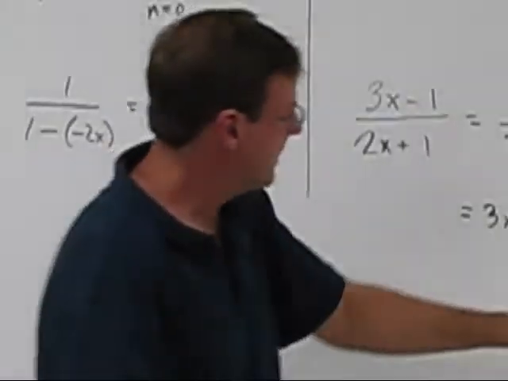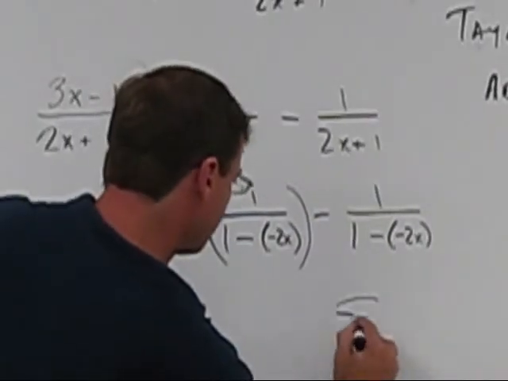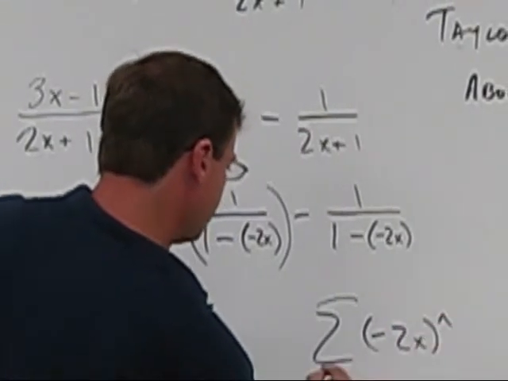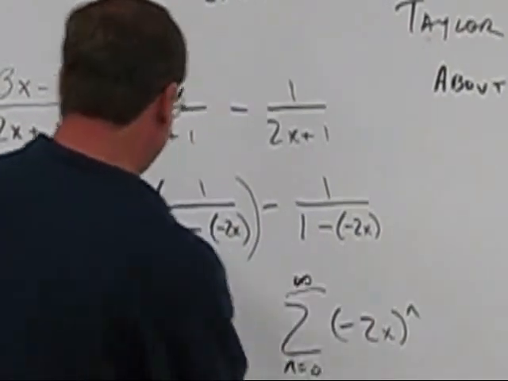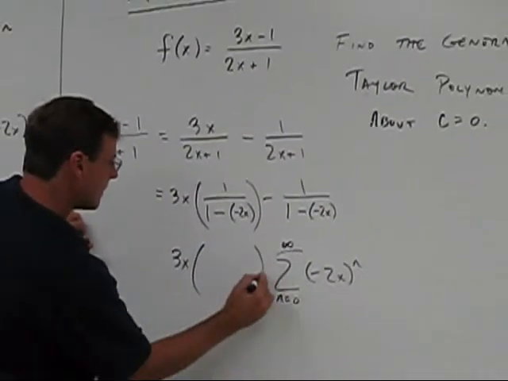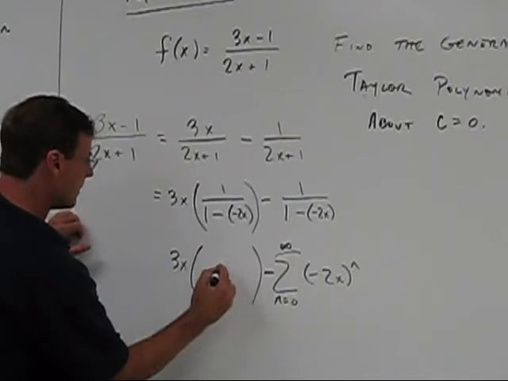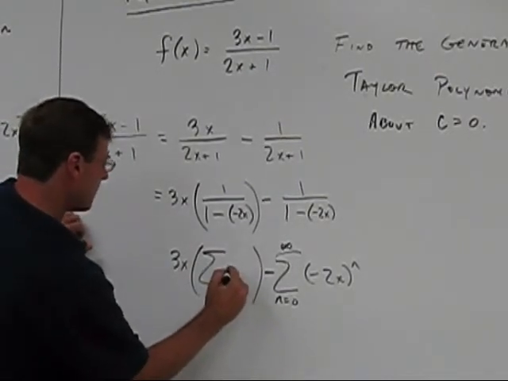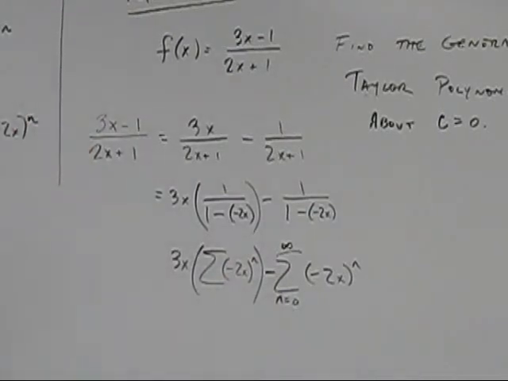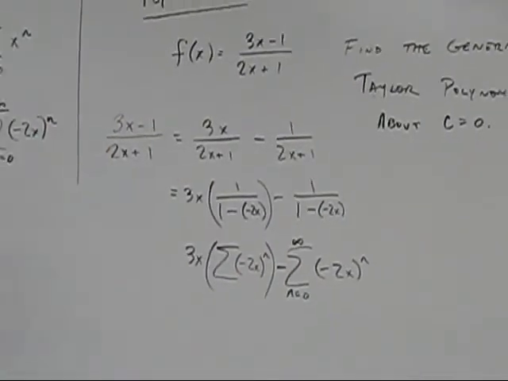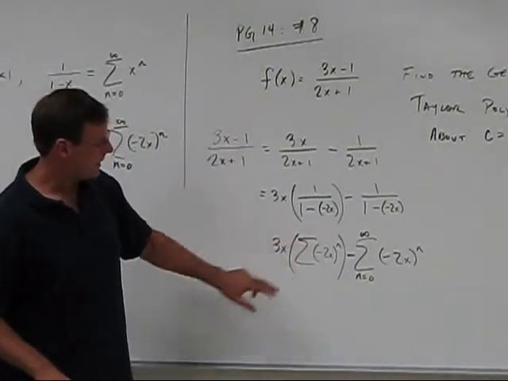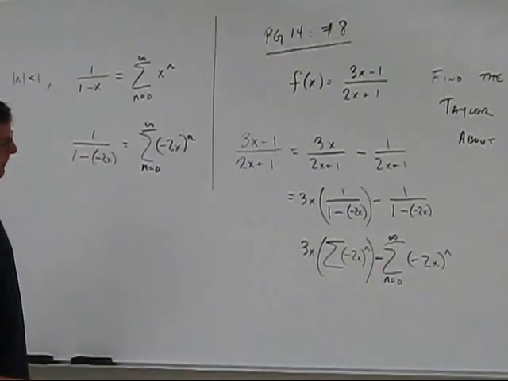So this term can be written as negative 2x to the n. And same with this one, 3x times negative 2x to the n. Okay, we're not finished. We'd like to have just one summation, but we've gotten a lot of work done already by writing it this way.